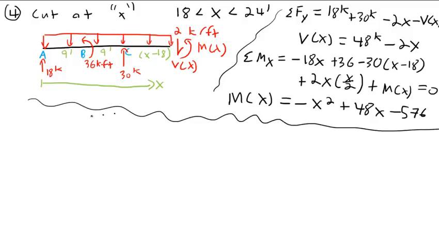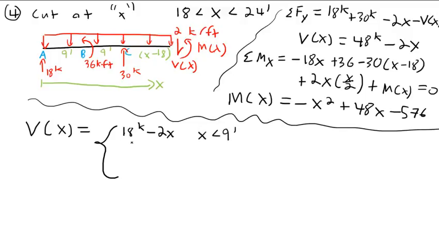So I can summarize all of this and say v of x, let me just combine all this stuff together. You don't necessarily need to write the summary, but I'm just going to summarize it here. V of x is going to be equal to 18 kips minus 2x for when x is less than 9 feet.